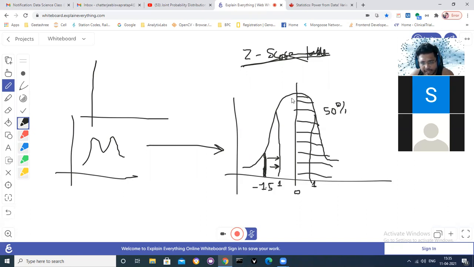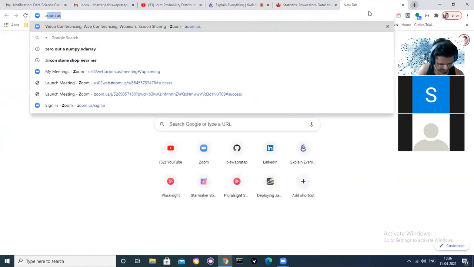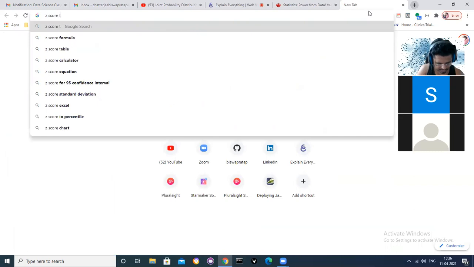So now we have to calculate how much is this much. If you can calculate this, then we will know the total probability, the percentage of probability. For that, we see the Z-score table.